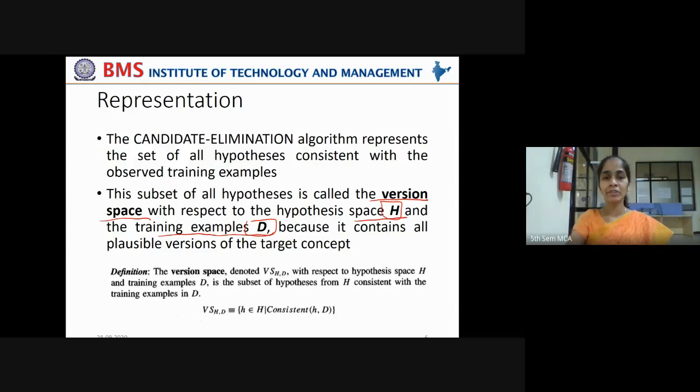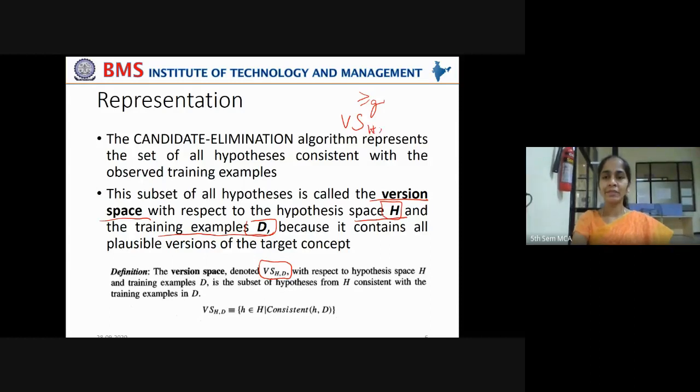Again, a formal definition is given here. The version space is denoted by, this representation is very important. In the last class, we saw the representation more general than. Now we should remember this version space representation.